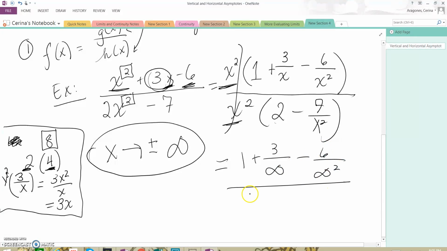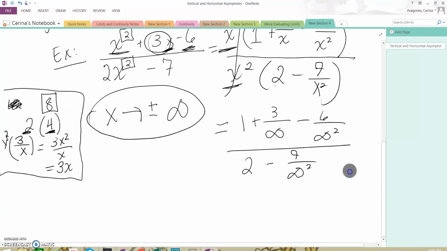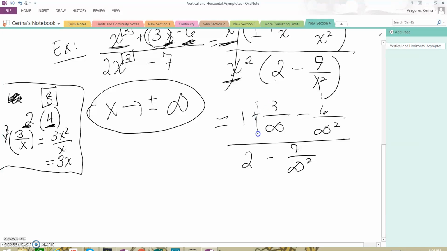So I plug in my infinity where my x's are. Okay, so as you can see, this term, 3 over infinity, approaches 0. Okay, so why is that?